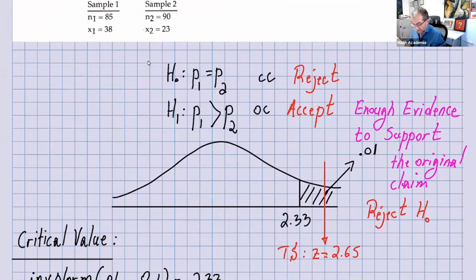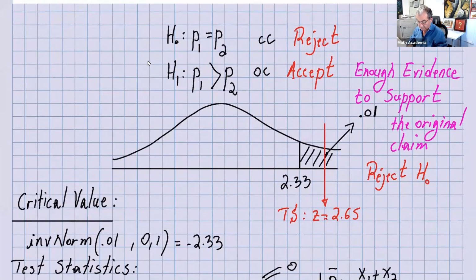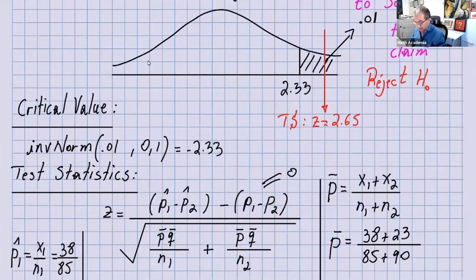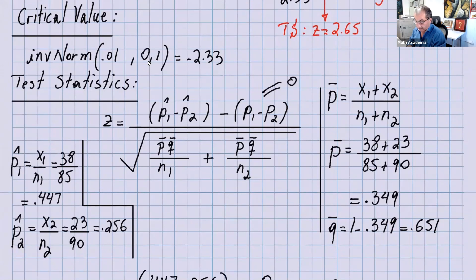To find the critical value, you can go to inverse norm 0.01 and do not divide that by 2. It's just one tail. You get negative 2.33. But you take positive 2.33 because it's a right tail test. Now the test statistics, same thing. You can use this formula p hat 1 minus p hat 2 minus p1 minus p2, which is 0, over square root of p bar times q bar over n1 plus p bar times q bar over n2.